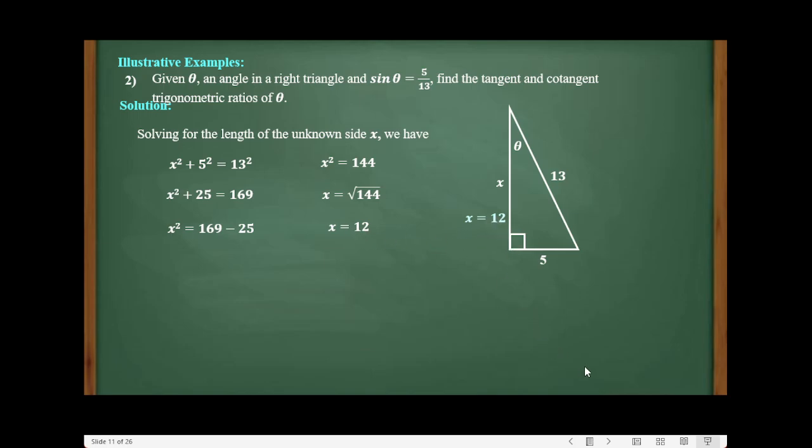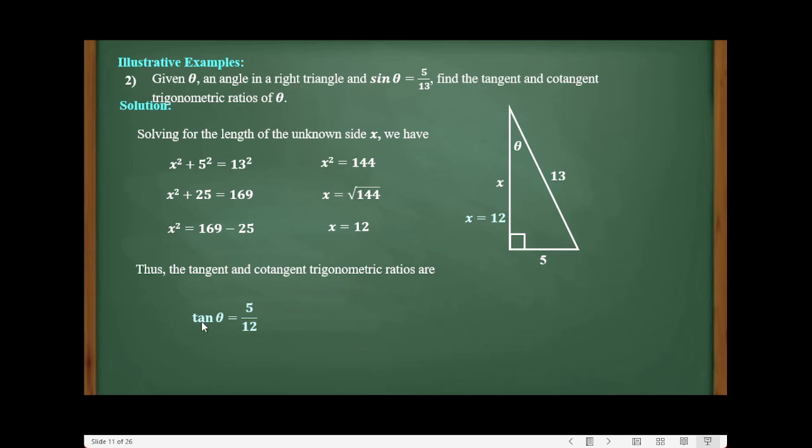Okay? And with that, we can now define the tangent and cotangent of angle theta. So the tangent and cotangent trigonometric ratios with respect to theta are this one.